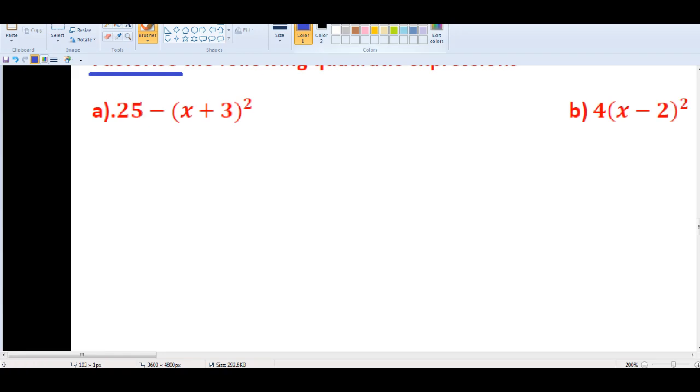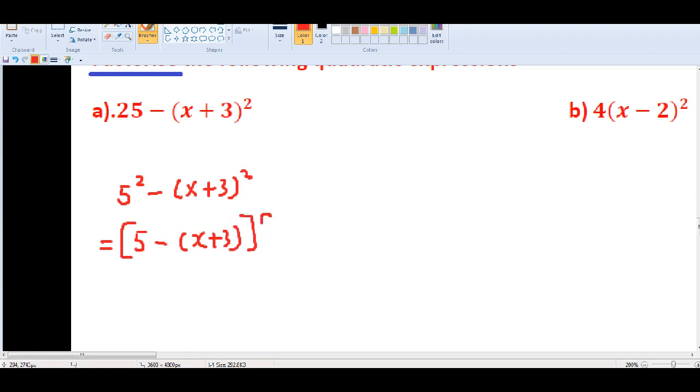All right, so how could we do this one? Let's say we've got 25. Actually, 25 is a square number, so you have this one. That means you can treat 5 as A, and x plus 3 as B, so you get this one. Of course, we need another bracket here, 5 plus x plus 3.